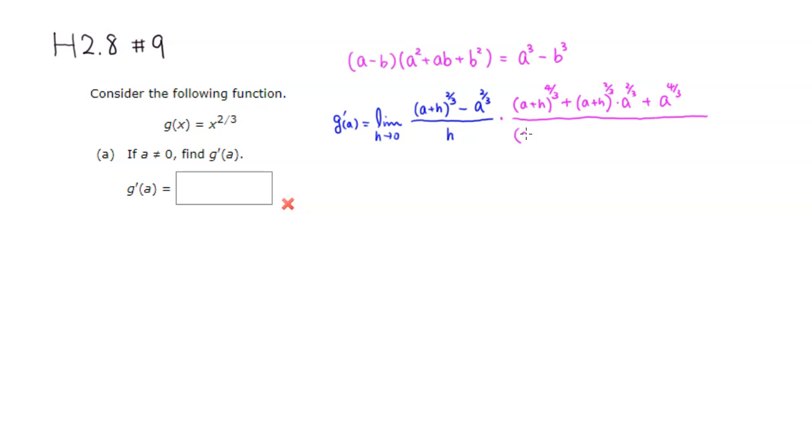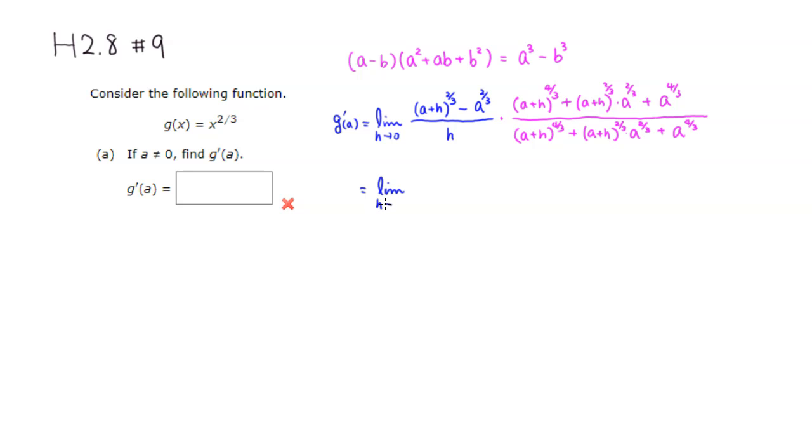So you have quantity a plus h to the 4/3 power plus a plus h to the 2/3 power times a to the 2/3 power plus a to the 4/3 power. If you multiply out, you're going to get this. So you have a limit.